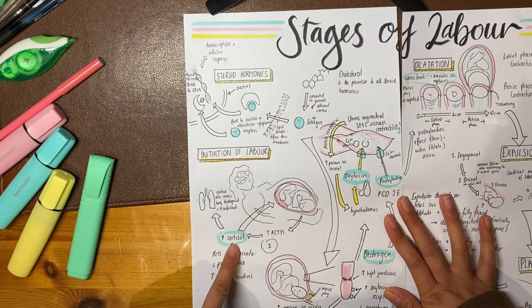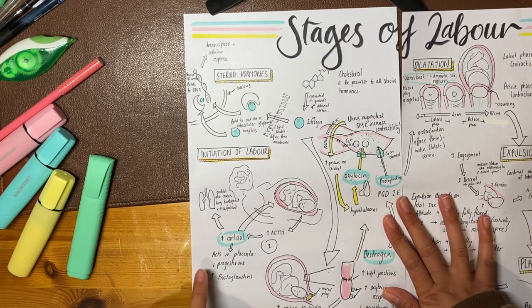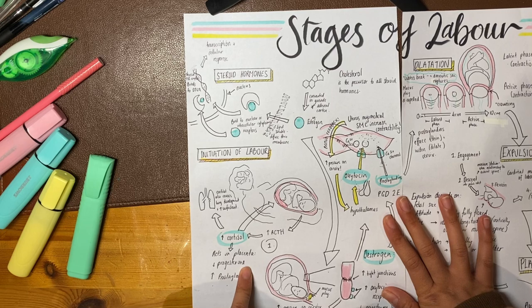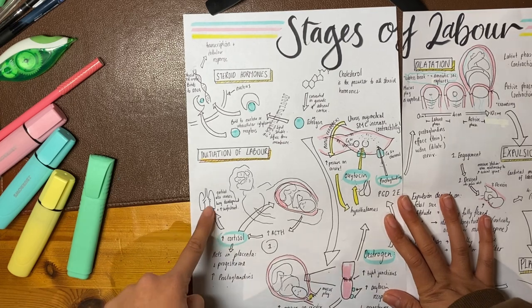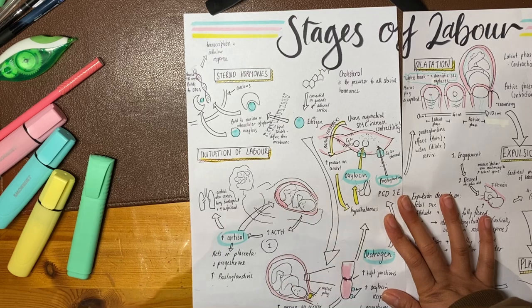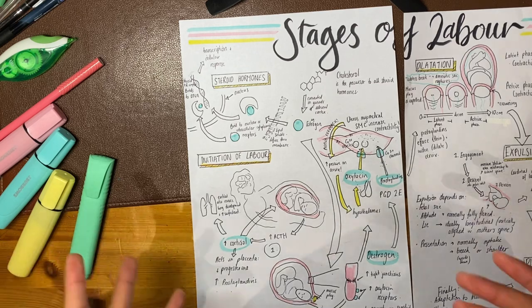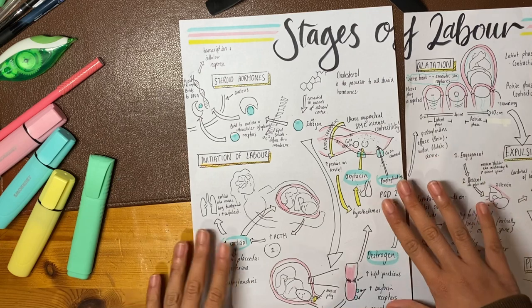And cortisol itself acts on the placenta, so I've drawn the placenta here. What it does is it decreases the production of progesterone by the placenta and increases the amount of prostaglandins, and we'll come back to that in a second. Cortisol also causes lung development in the fetus and the increase in surfactant production, which is important in preparing the fetus to come into the living, breathing world and breathe some delicious air.